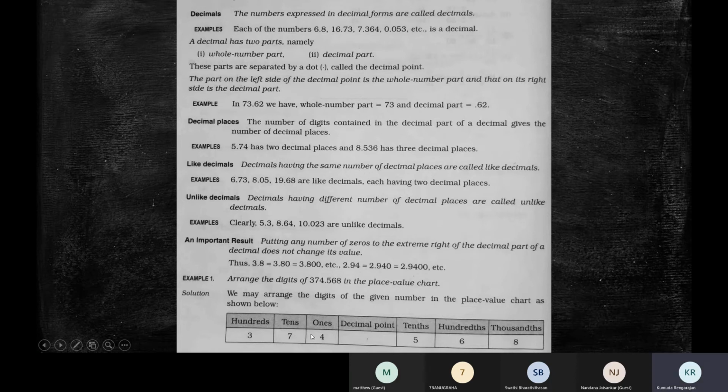So if we have to write the expanded form of this decimal, it is 3 into 100 plus 7 into 10 plus 4 into 1 plus 5 into 1 by 10 plus 6 into 1 by 100 plus 8 into 1 by 1000. 1 by 1000, the reciprocal of 1000.